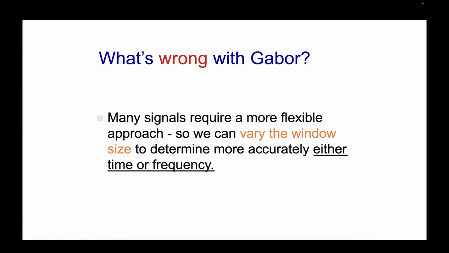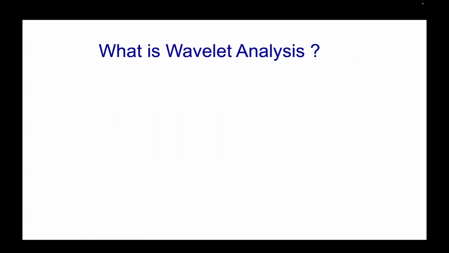Even though it would be good to have good time resolution for lower frequencies as well, it's okay if we don't, because lower frequencies basically represent drift in the signal. For example, a 0.5 hertz frequency in the signal moves very slowly up and down. So even if we don't have a very good time resolution for lower frequencies, that's okay. So that's where wavelet comes in.